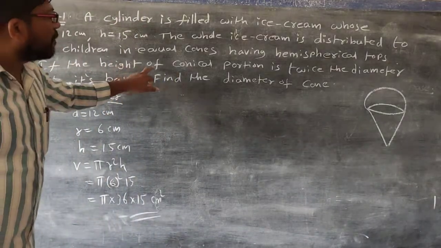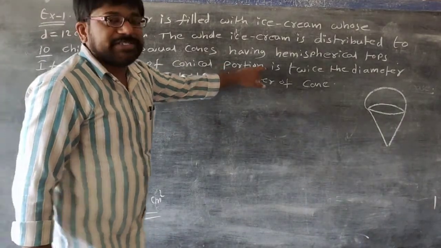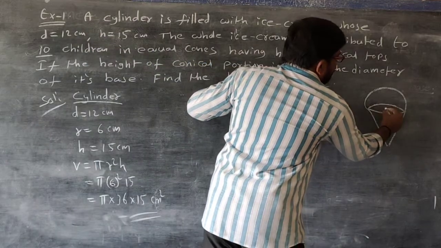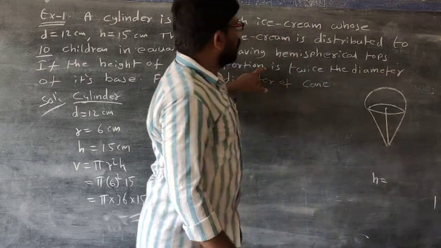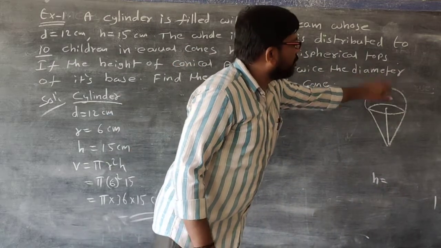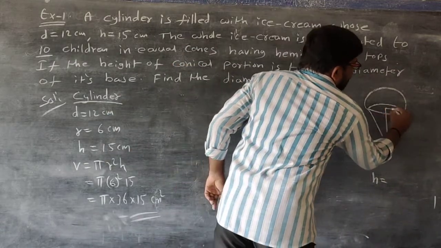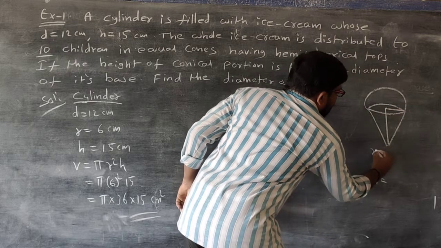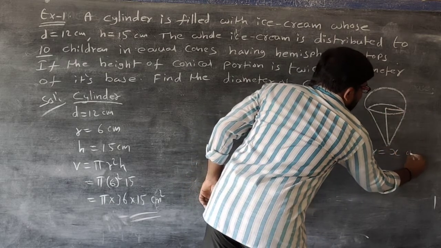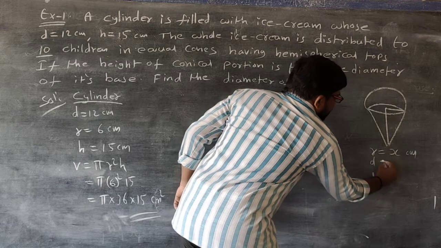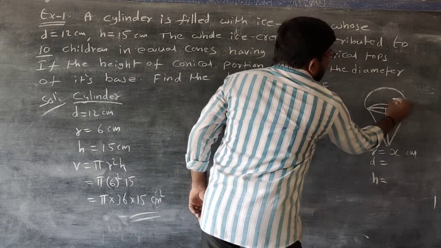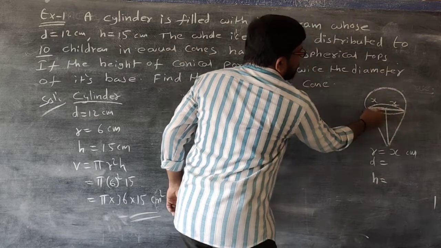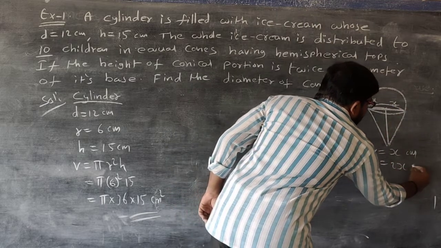We don't know its radius. Suppose radius r is equal to x centimeters, then diameter is x plus x, that is 2x centimeters.